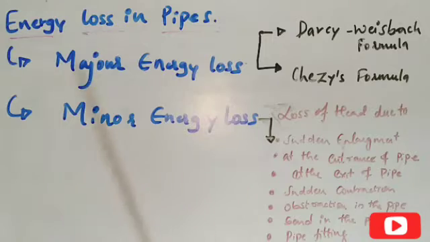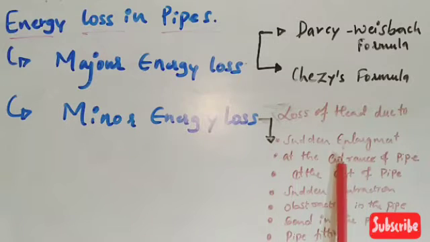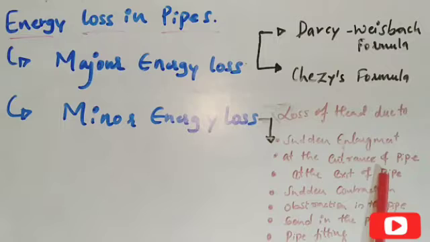Whereas the minor losses are due to the disturbance in the fluid flow pattern. These losses, meaning these loss of head, are seen at various sections like sudden enlargement, at the entrance of a pipe, at the exit of a pipe, sudden contraction, obstruction in the pipe, bend in the pipe, then pipe fittings.